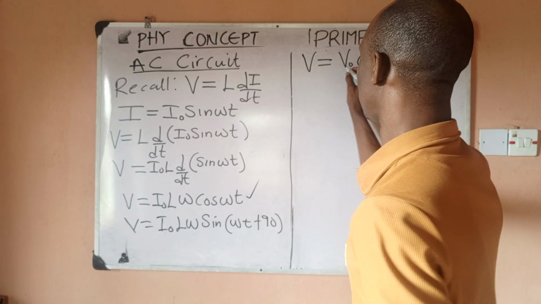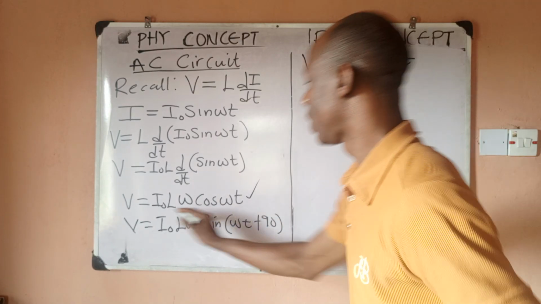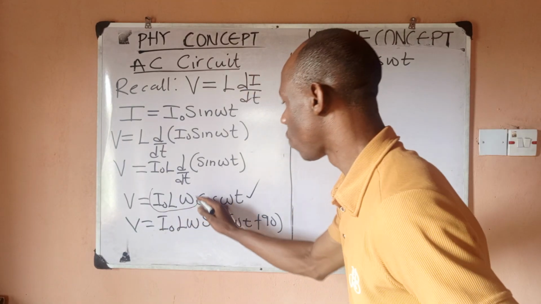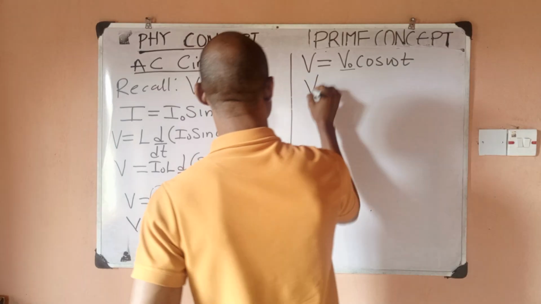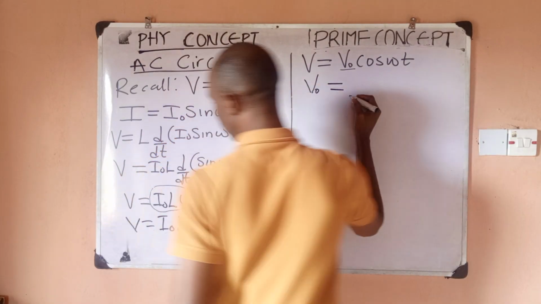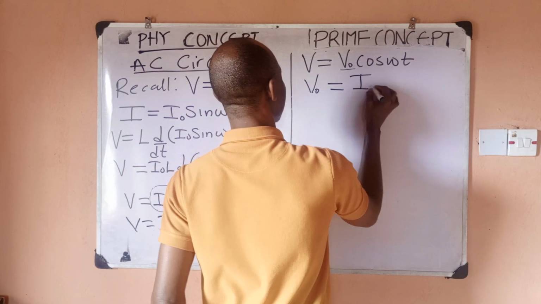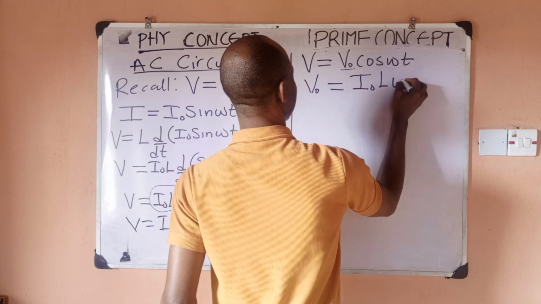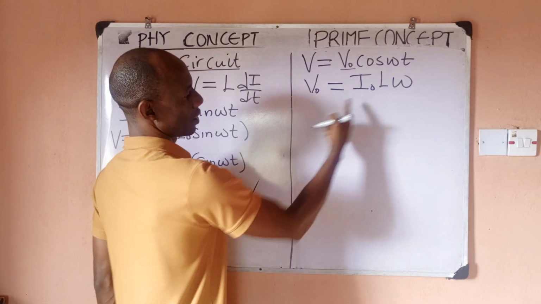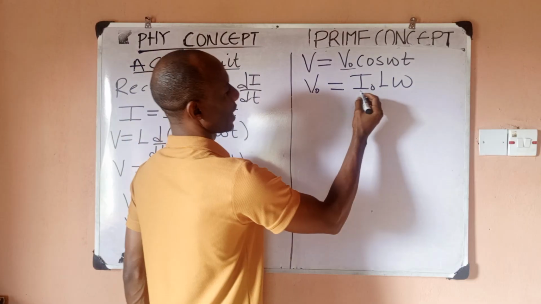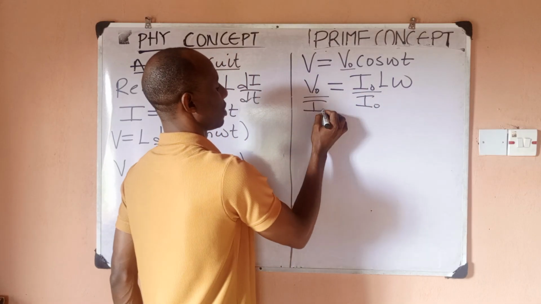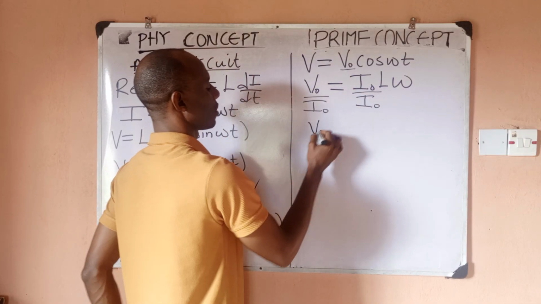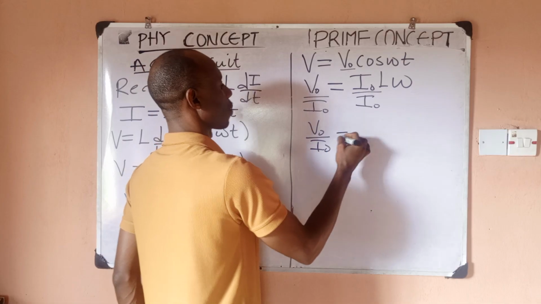So it would simply mean that your peak voltage is equal to this whole quantity behind your cosine by comparison. So I can say V naught, the peak voltage, would be equal to I naught L omega. I want to divide both sides by I naught, so that I have V naught over I naught equals what now?